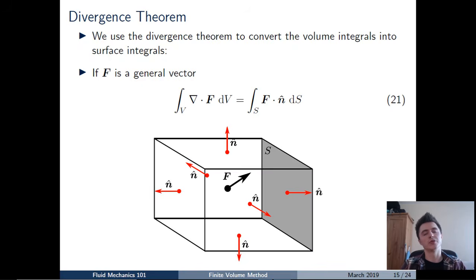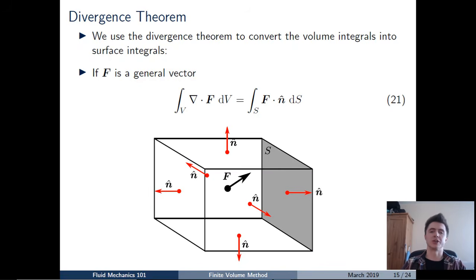So those volume integrals which we had for our cells in the Navier-Stokes equations, we can rewrite as surface integrals. And the surface integral there says that we're integrating the dot product of that vector field f and the unit normal vector on the surface, and we're going to be integrating over the entire surface of our body, and in this case our cell, because we're using a CFD mesh.